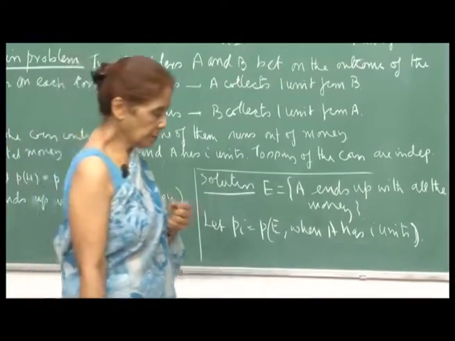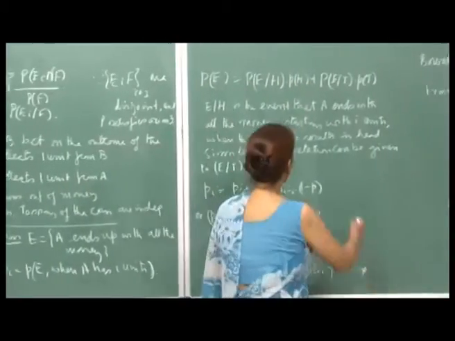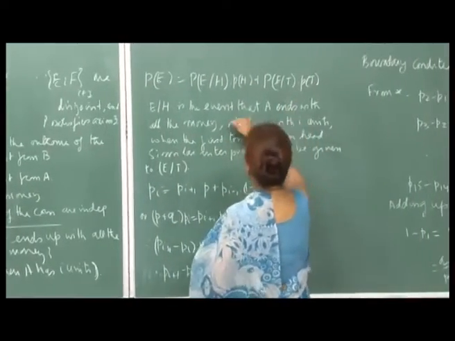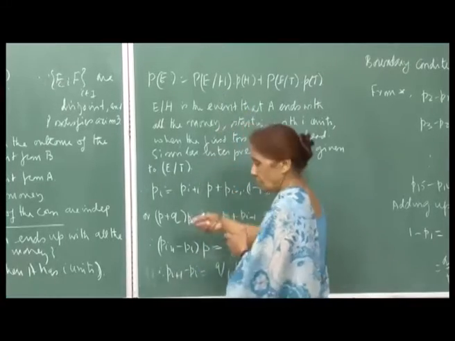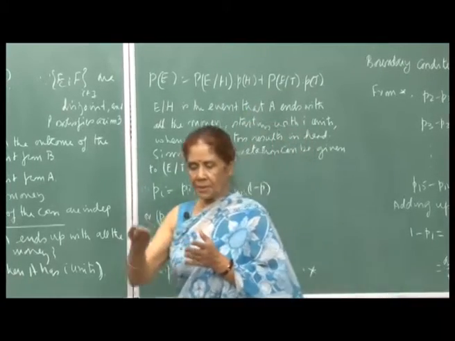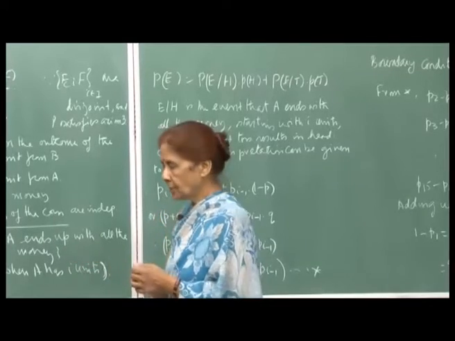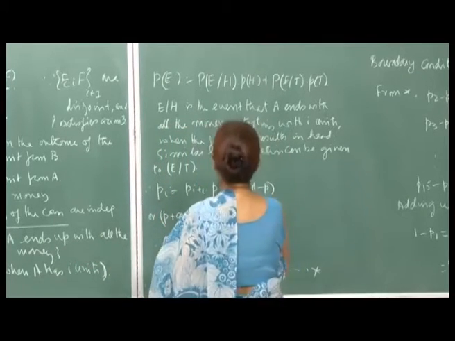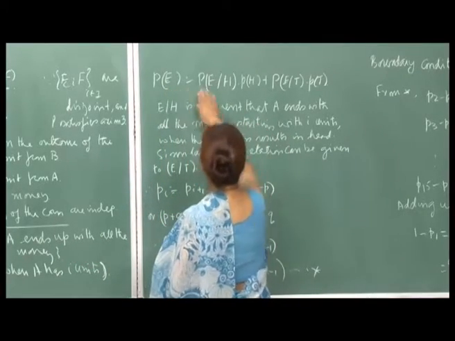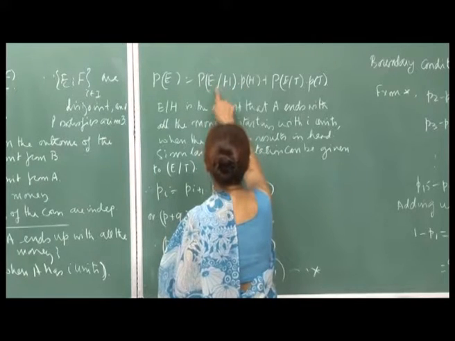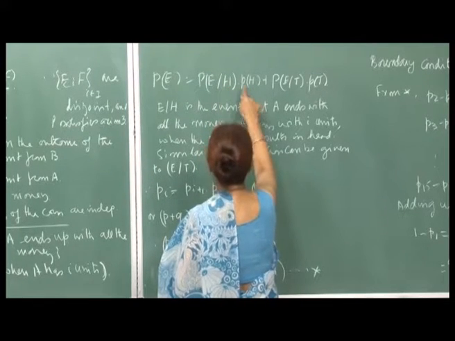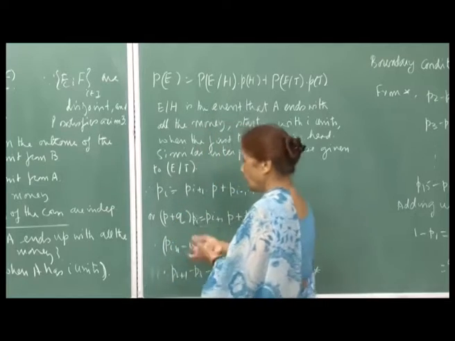Now, we have been using this technique very often, because when you are tossing a coin, your sample space consists of just H, T, right, 2 points in the sample space. And so, you can write P(E) in terms of conditional probability, P(E given H), and then that means we are starting the game.